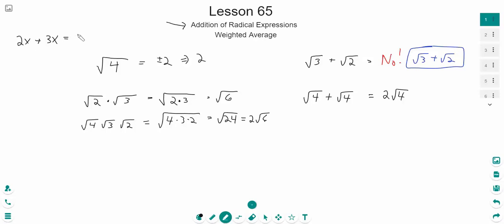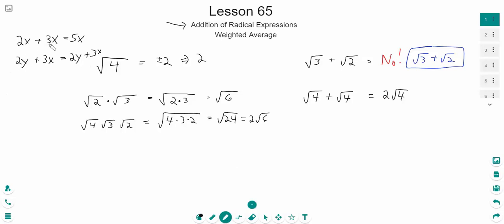We can add the coefficients. We end up with 5x. Okay? Can I add this? If I have 2y plus 3x, can I combine these into a simpler form? And the answer is no, I can't. That's just simply equal to 2y plus 3x. There's nothing more I can do with that because they're not like terms. So if they're like terms, piece of cake.